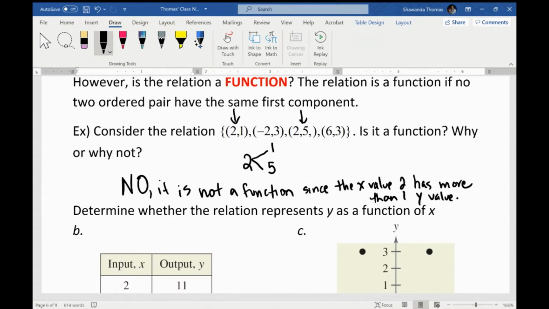Only one. Does it make sense to end up having two different grades in this class? No. Or you got an A and you got a B? That doesn't make sense. You only want one Y grade for the X student. You shouldn't have more than one.